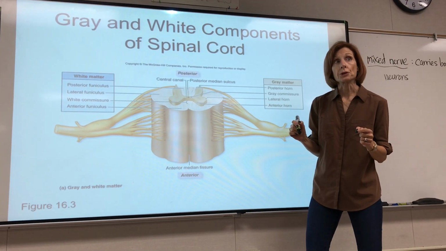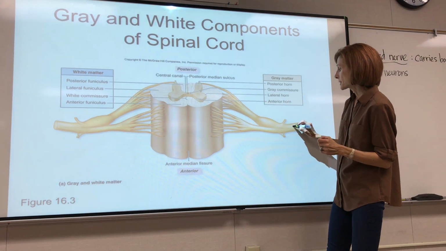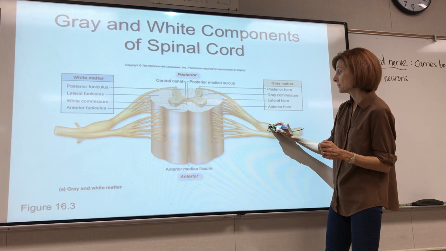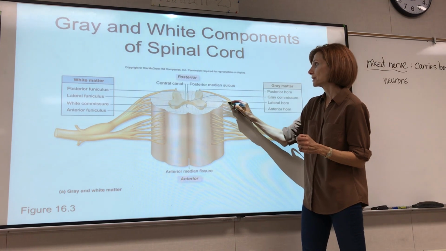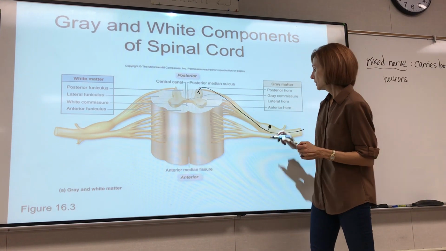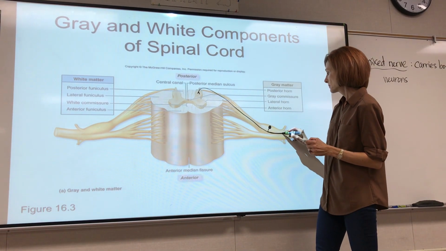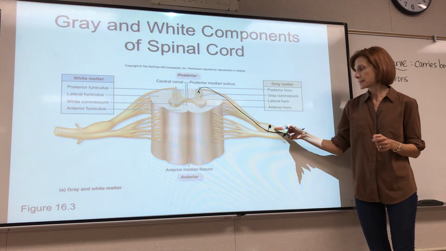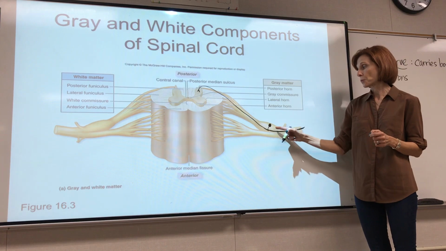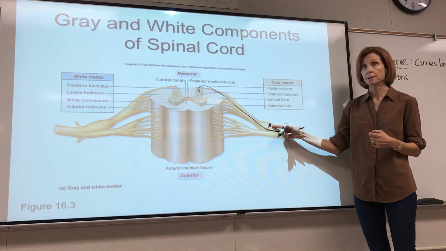They are unipolar, right? So the sensory neuron is going to have its cell body here. The axon is going to travel into the posterior horn. So this is a unipolar sensory neuron, and this little bulge here is where those cell bodies will be located.